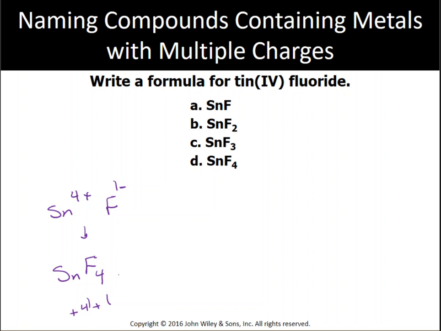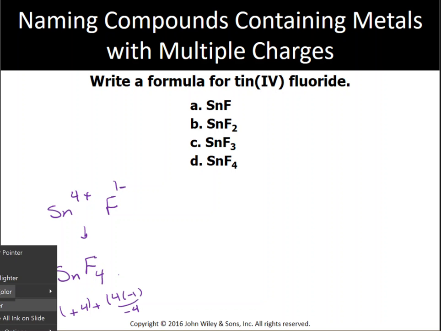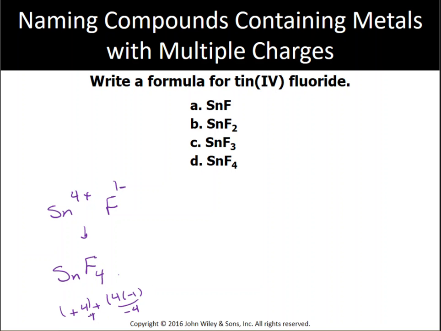You have 4 fluorine, each one of them negative 1. This is negative 4, positive 4 here. So this is a 0. So this is the formula for tin(IV) fluoride.